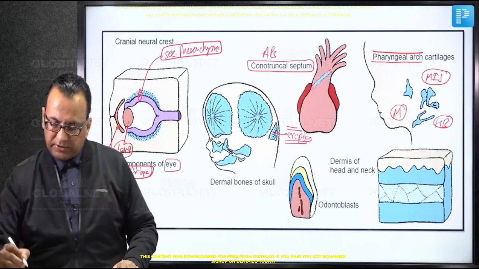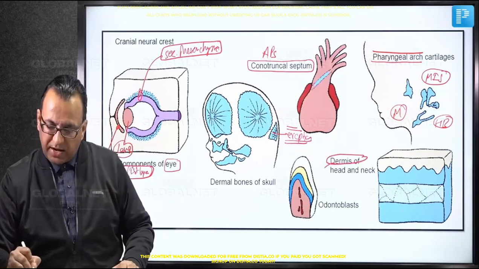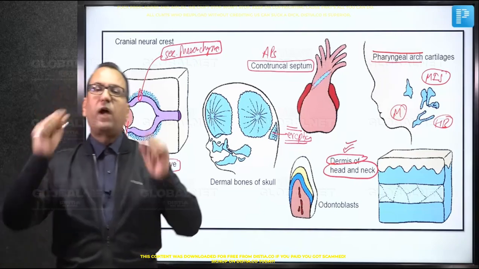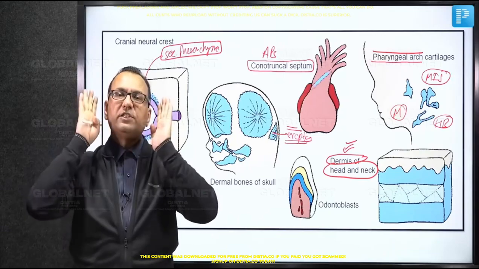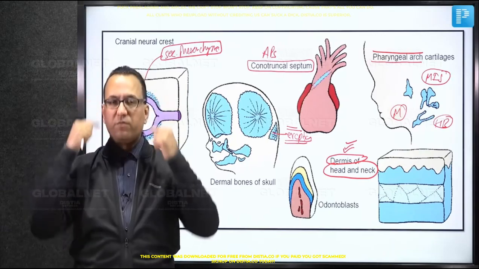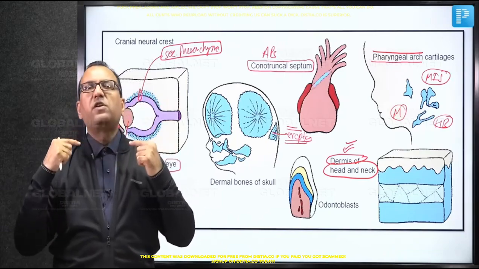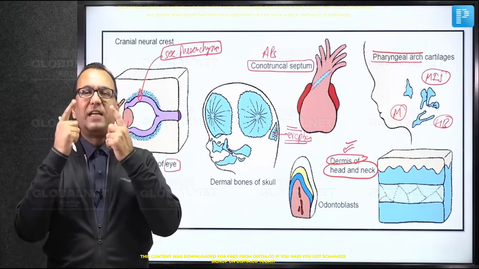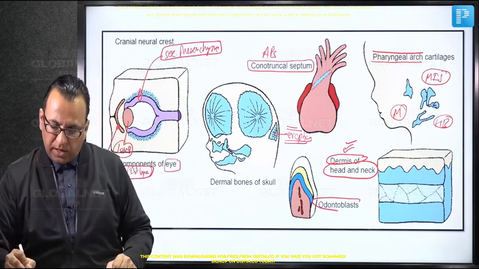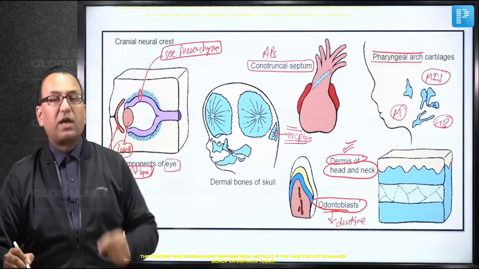And then we can mention the skin dermis in the head and neck region is also from neural crest cells. In the skin, if you look at the epidermis, it is from surface ectoderm, but the dermis in the head and neck region, especially anterolateral, is from neural crest cells. And it is the neural crest cells that will form odontoblasts and dentine of the teeth. So odontoblasts form the dentine of the teeth, but not the enamel.